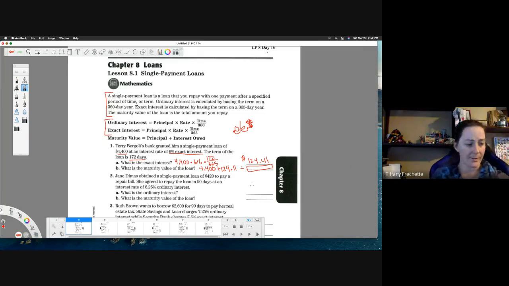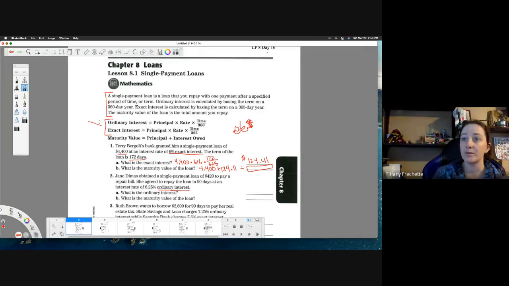All right, looking at the next couple here, we have number 2, pretty much identical. The only difference is pay attention to the wording, because she obtained a single payment loan of $420 to pay a repair bill. She agreed to repay the loan in 90 days at an interest rate of 6.25% ordinary interest.